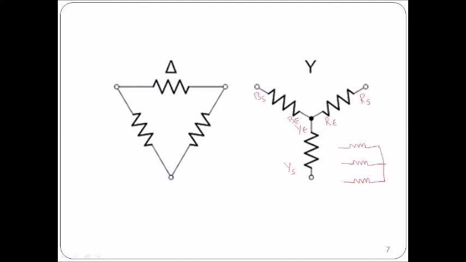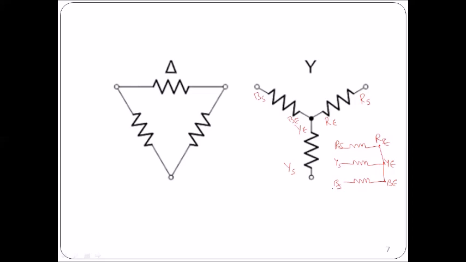Okay, so this is called a star connection. See here, RE, YE, BE are connected together, and RS, YS, BS are used for the purpose of applying the power supply.